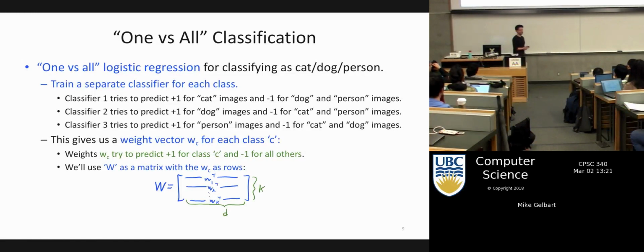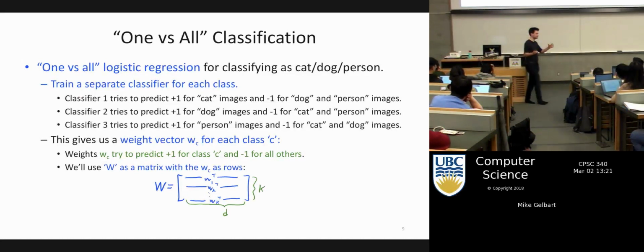So we're going to use the notation capital W to be a matrix of weights that stores all the weights for the individual classifiers. And we're intentionally being consistent. A matrix W tends to show up pretty often in this course, and it may mean different things at different times, but we're trying to keep it always K by D to keep things easier for you.